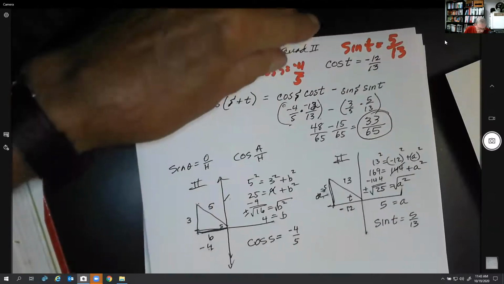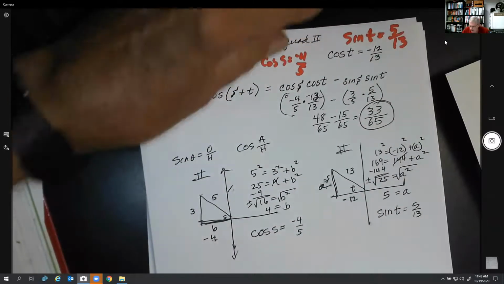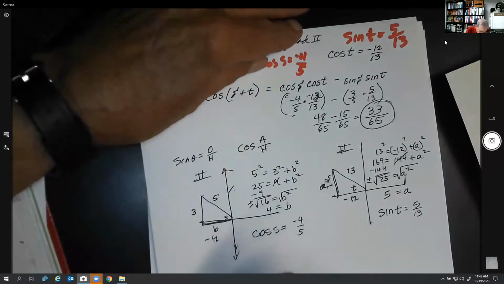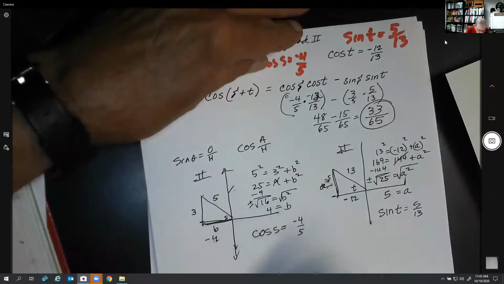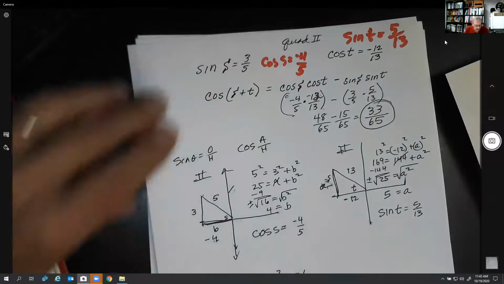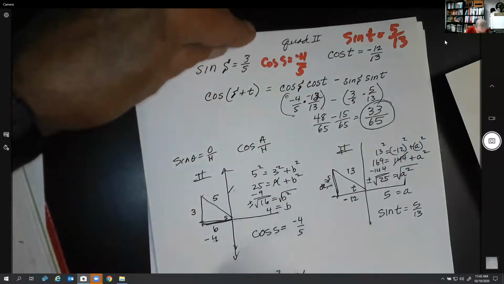Now, you could also, if you want to, instead of doing it that way, use this formula: sine squared theta plus cosine squared theta equals 1. Say I have the sine of s, so sine squared s plus cosine squared s equals 1.